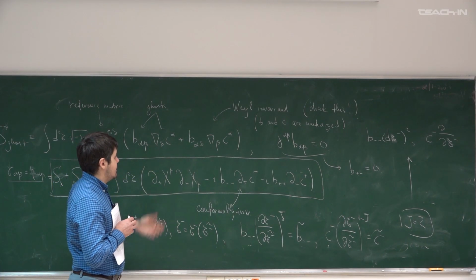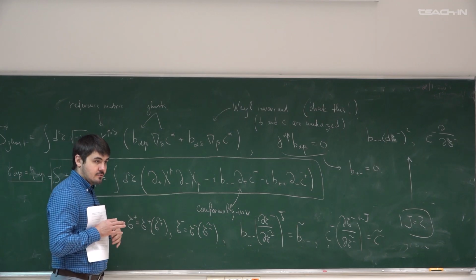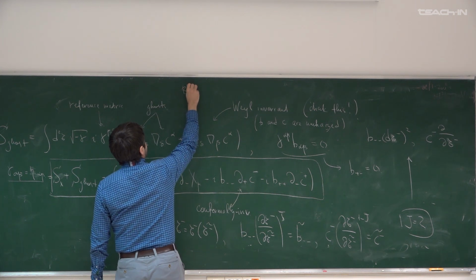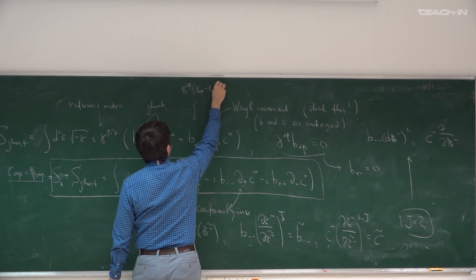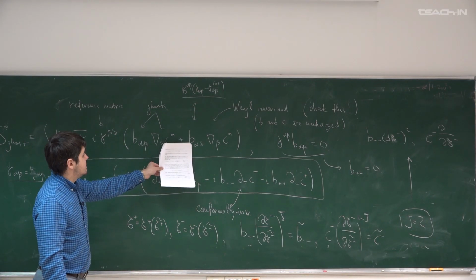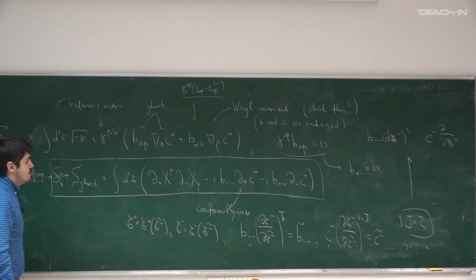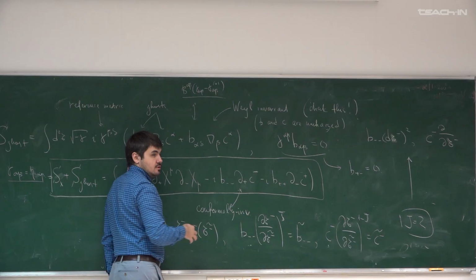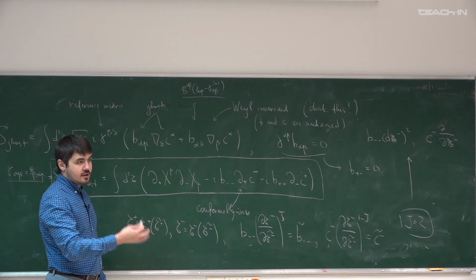B was a kind of partner of capital B, which was the Lagrange multiplier fixing our conformal gauge, right? So remember, there was also some capital B, which was B alpha beta, which entered the Lagrangian in this form, and BRST transformations were relating small b with capital B. So that's why B is a tensor of rank 2 and C is a vector because, as we discussed, C plays the role of a parameter of our gauge transformation.